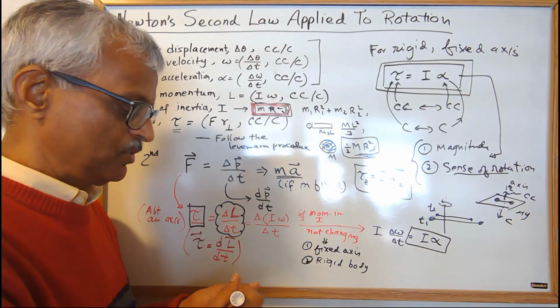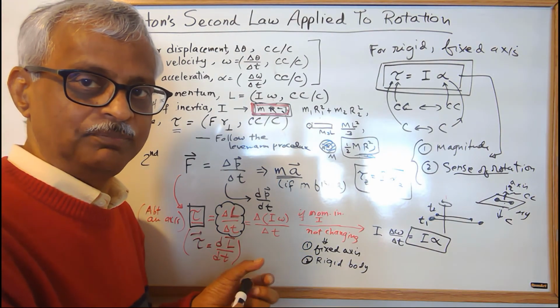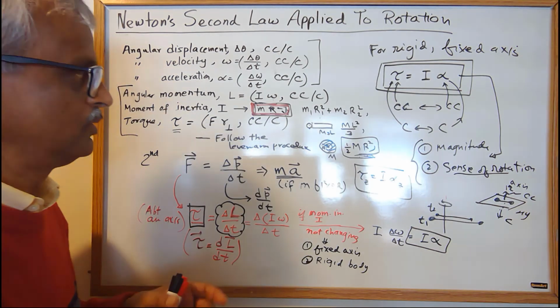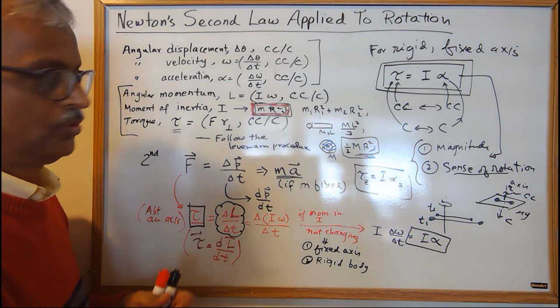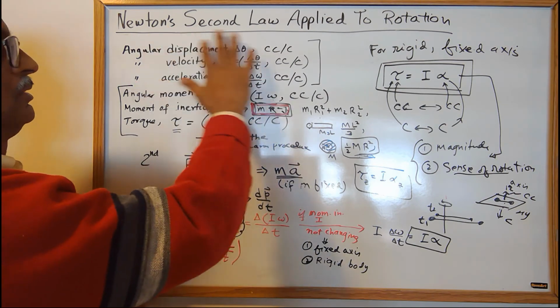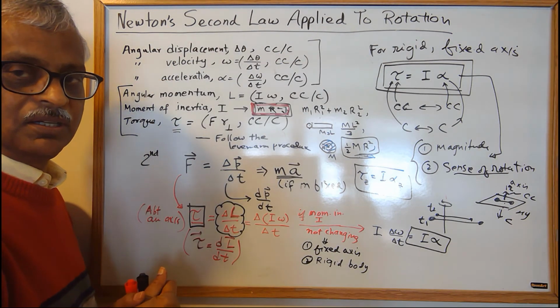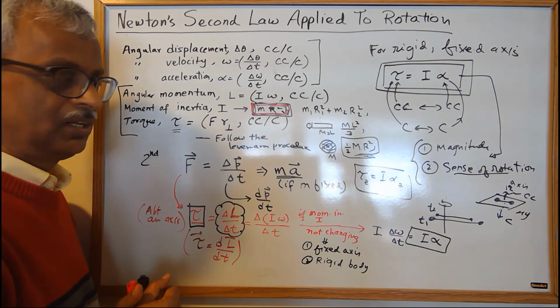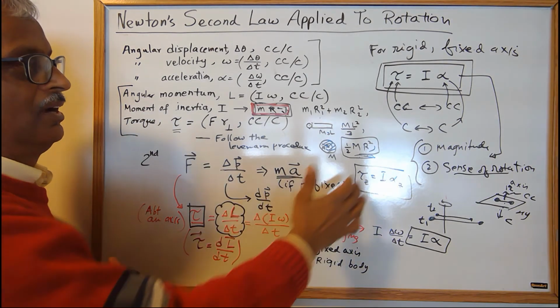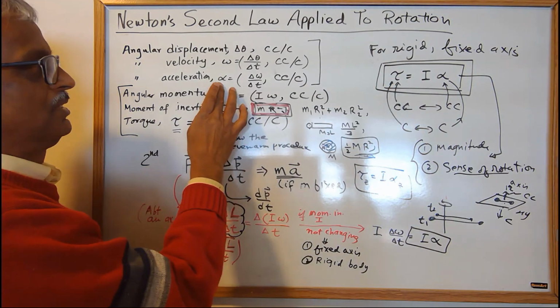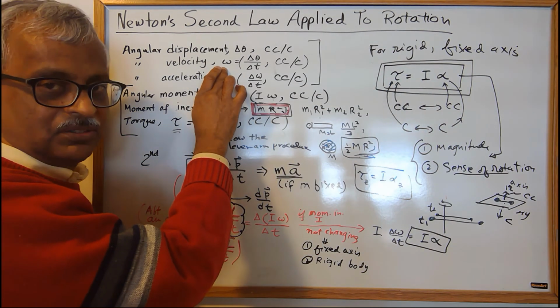All right, so I'm going to stop this video. This is a pretty good introduction to how Newton's second law of motion is used in solving rotation problems. And once I get alpha, with alpha I can actually tell what the omegas would be.